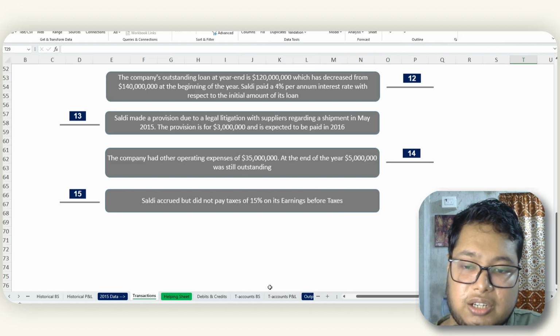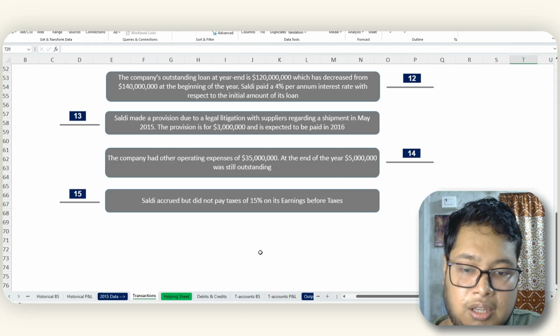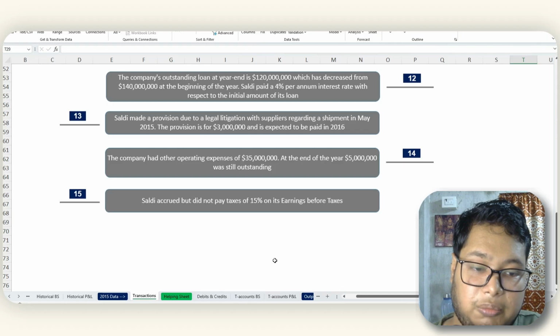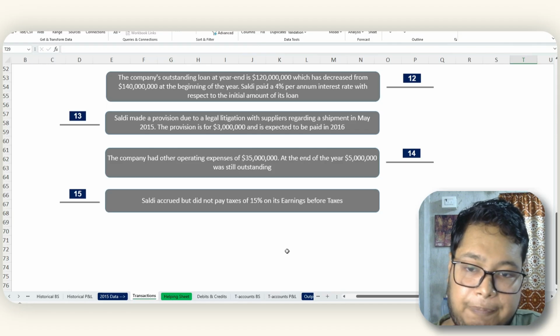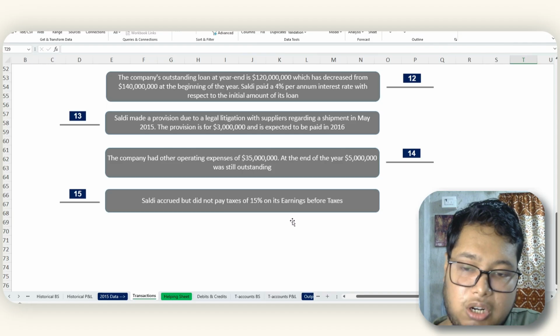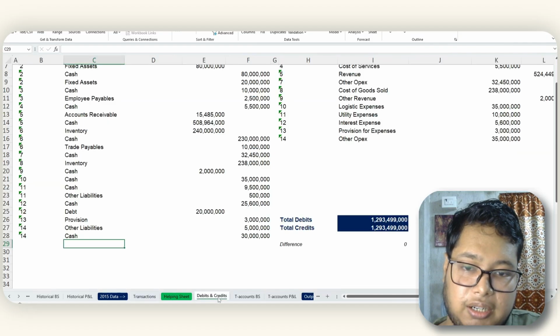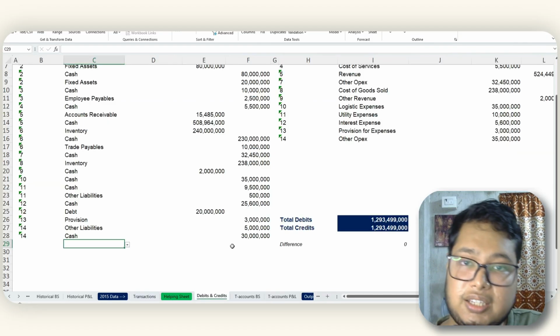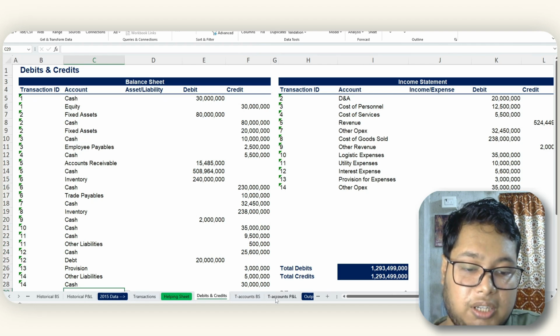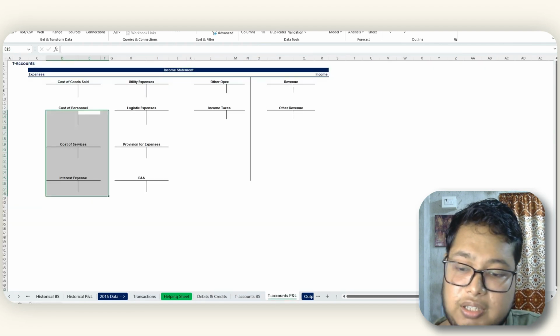Okay, what is the last transaction saying? Sally accrued but did not pay taxes of 15% on its earnings before tax. Damn. So the problem is that I cannot record this transaction in debits and credits yet, if you have guessed it. For that I have to prepare the PNL first. Where is my PNL?